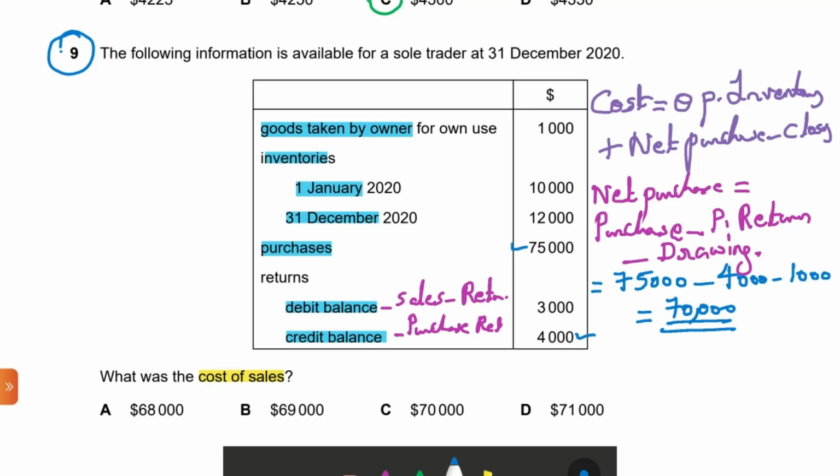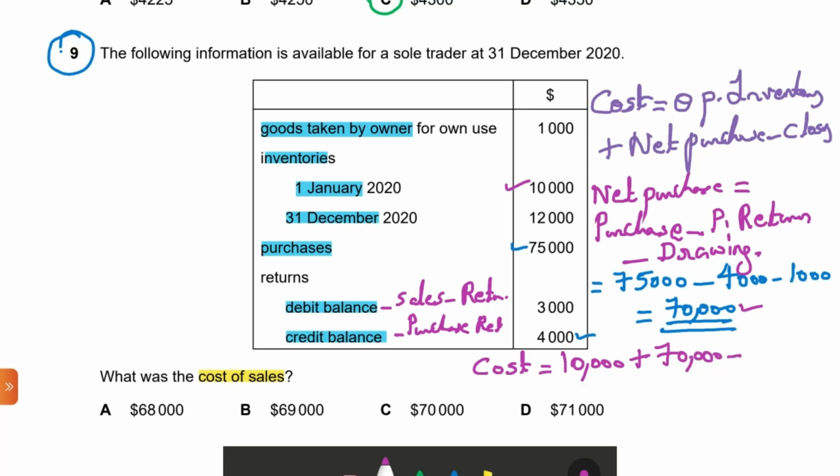Next, the cost of sales. Cost of sales is equal to opening inventory. What is the opening inventory? Opening inventory is 10,000 plus net purchase 70,000 minus our closing inventory.